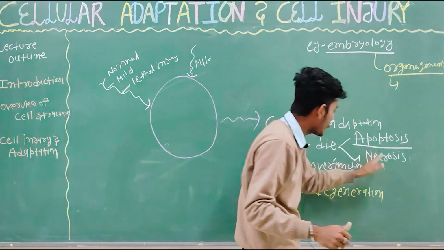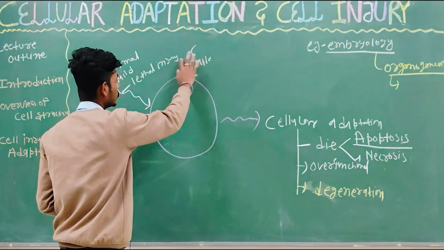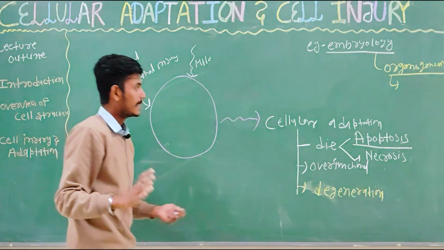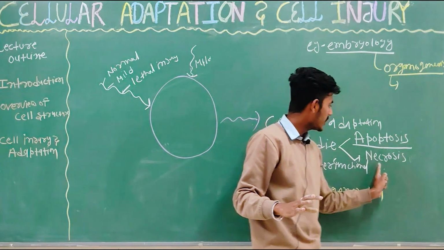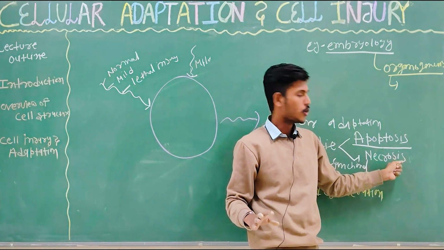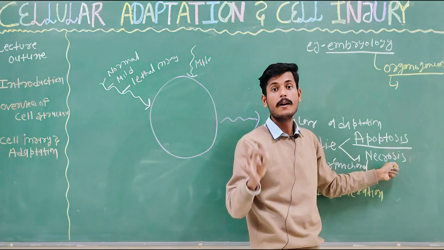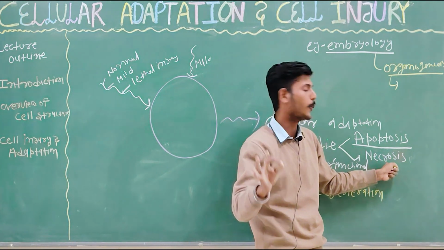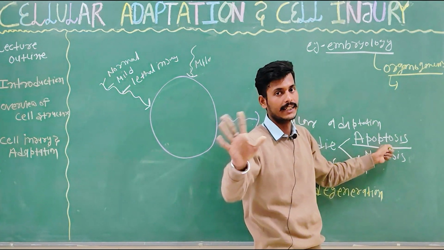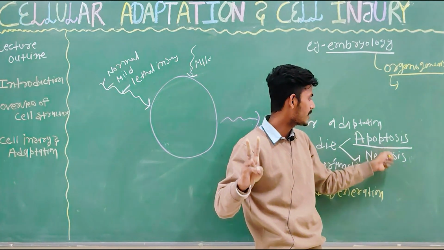Got it? Now coming to necrosis, when a cell undergoes lethal or severe injury, then the cell will show this phenomenon called necrosis, so it is basically a pathological cell death, whereas apoptosis is always natural cell death. Now you have the clear distinction between apoptosis and necrosis.